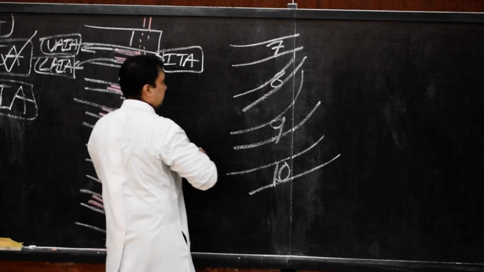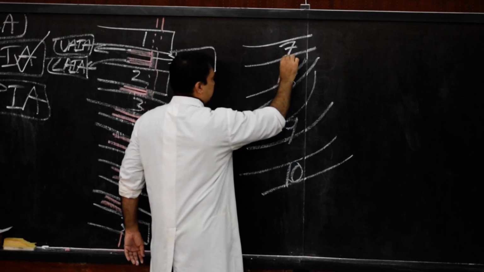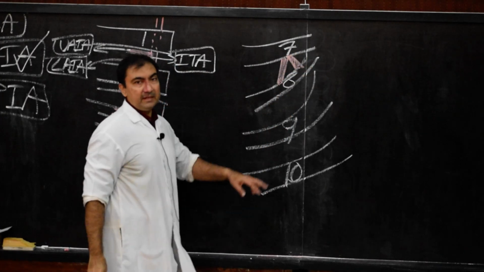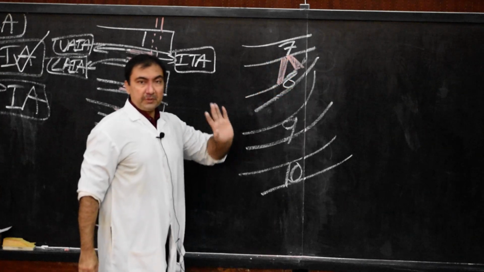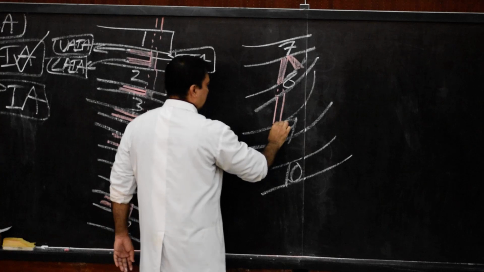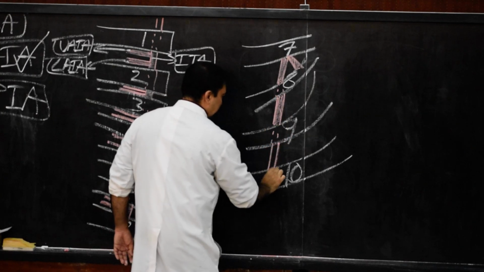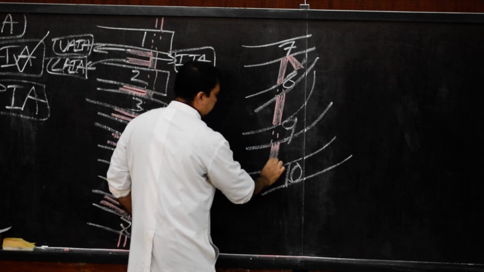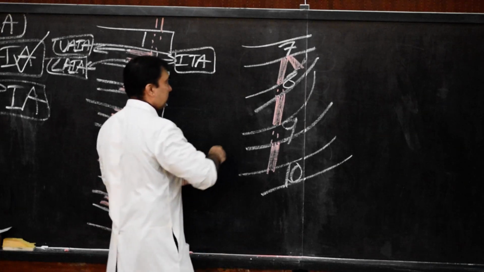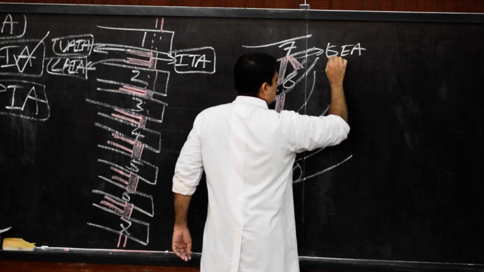In the 7th intercostal space, here we show that there will be division of the internal thoracic artery. The internal thoracic artery will divide into musculophrenic and superior epigastric. Here this is the musculophrenic artery, which is a branch of the internal thoracic artery passing inferiorly, and this is the superior epigastric artery.